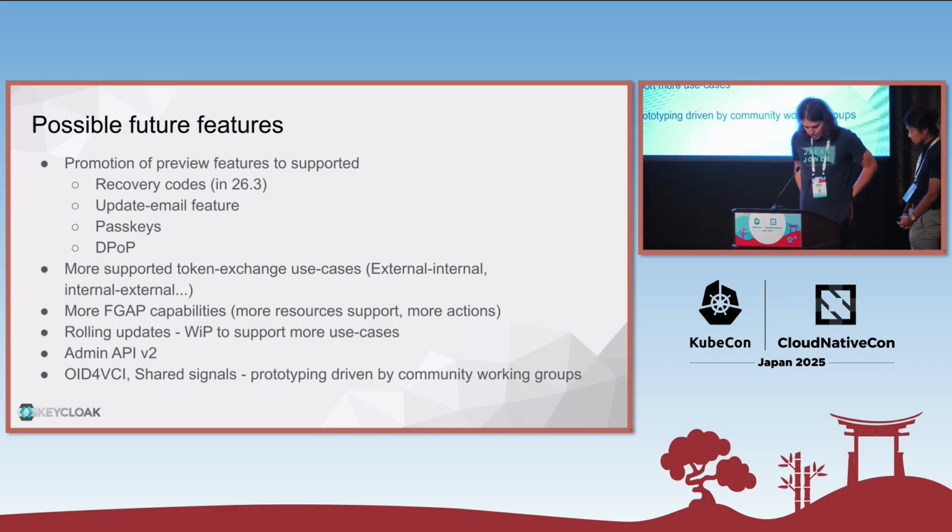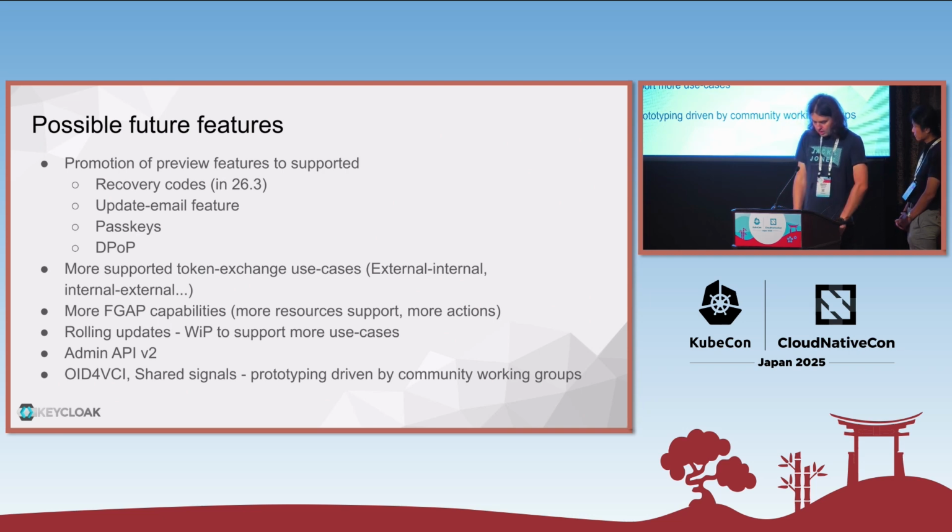There is a plan to support recovery codes, which is another way of multi-factor authentication. Update email feature is for more manageable updating of the emails. Passkeys like conditional UI, that's also in the plan, and also DPoP.